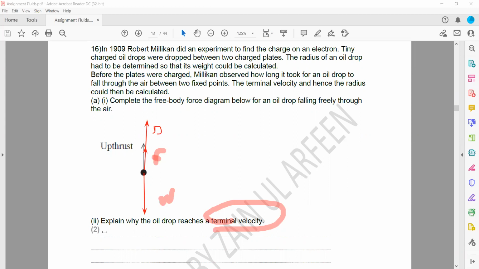So when the oil drop falls, its velocity increases, which increases the viscous drag or the drag force.